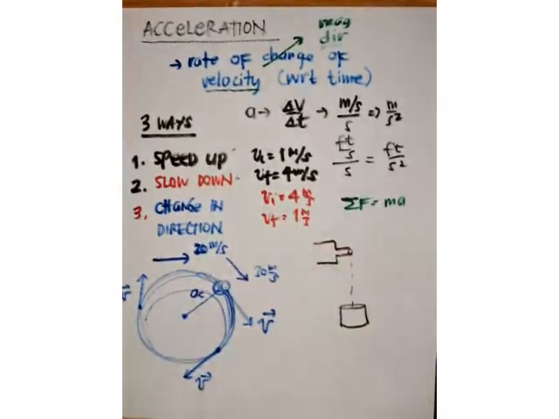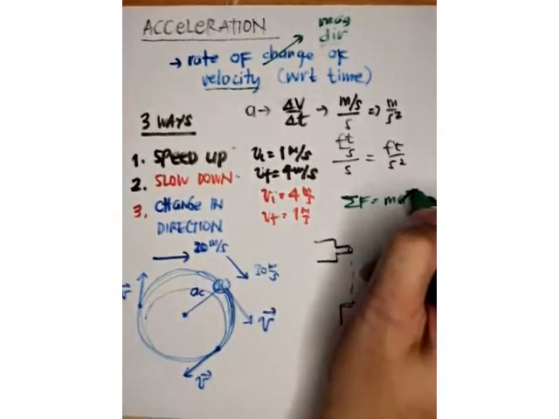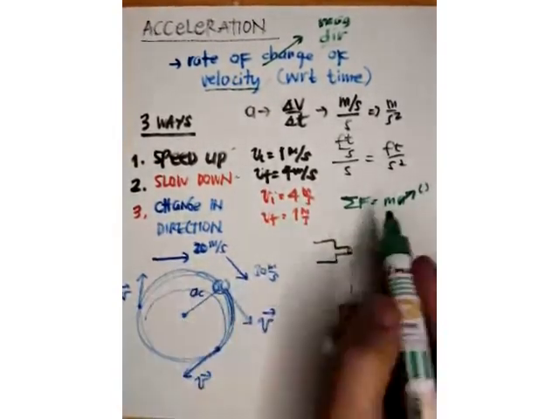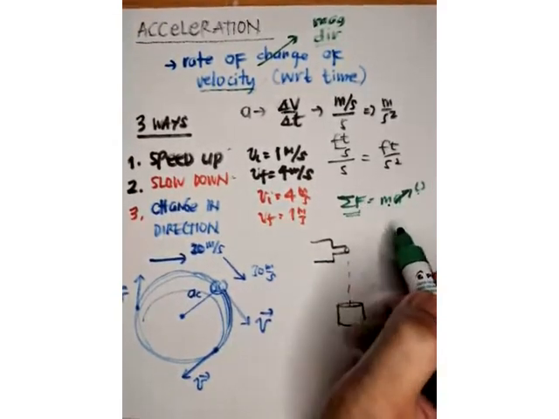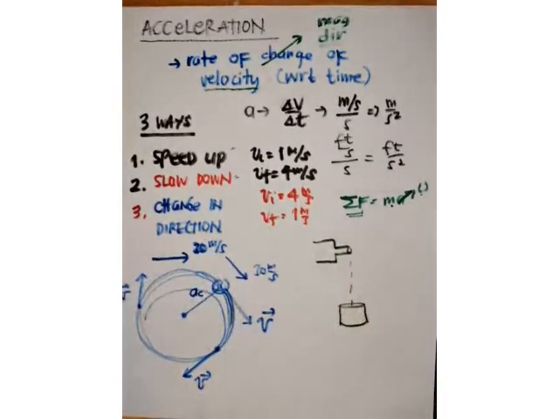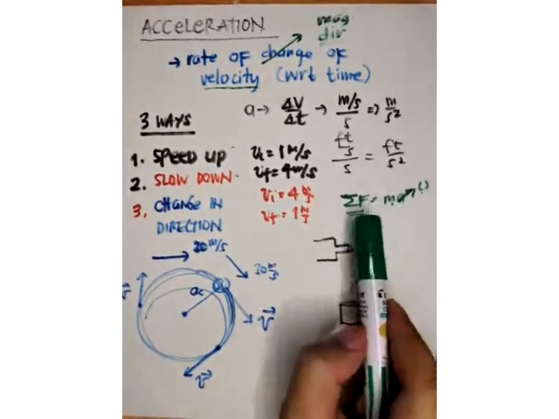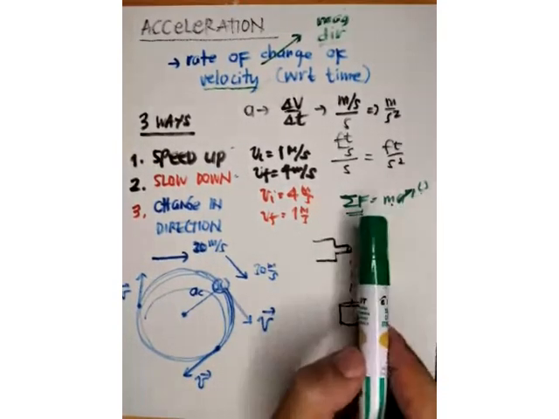Pag ang velocity ay constant, that means yung acceleration ay zero. So kung zero ang acceleration, that means yung net force or all the forces acting on the object are canceling out. So nagka-cancel sila. So yung net force ay nagiging 0.